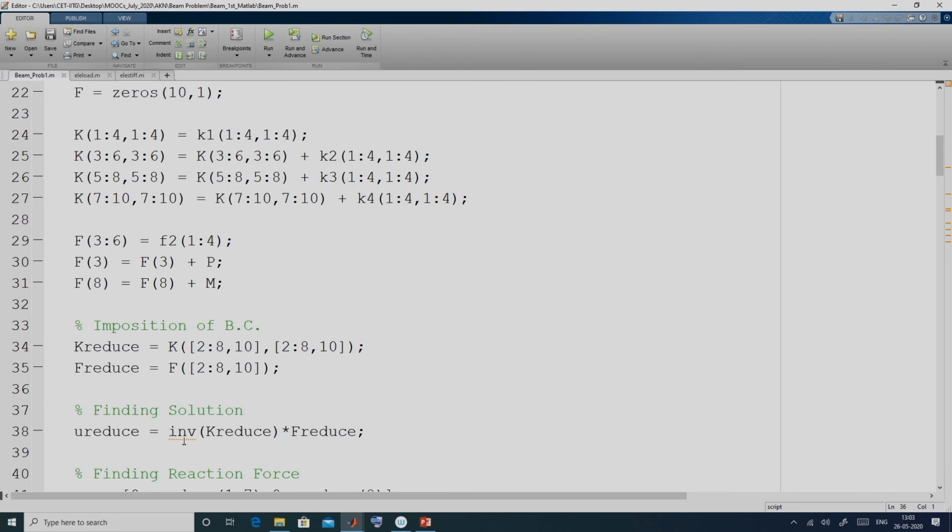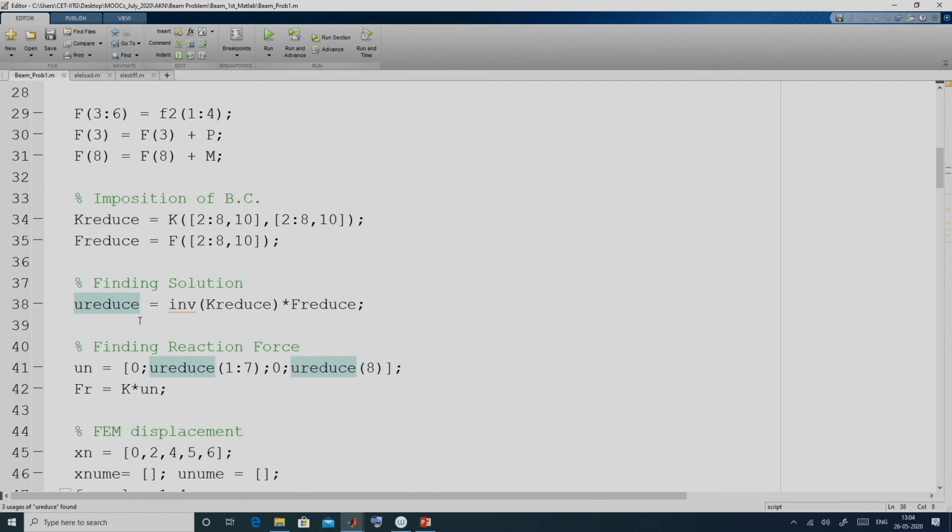After that, I have used the Matlab inbuilt inverse function to get the 8 cross 1 unknown degrees of freedom by doing K inverse F. After that, to this reduced U, which has the 2nd to 8th degrees of freedom and the 10th degree of freedom, we insert U1 and U9 which are 0, and finally we get this reaction force.